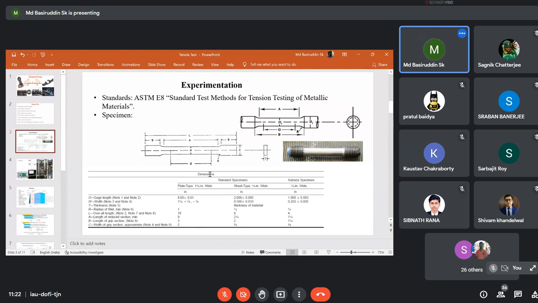So this line defect as well as the planar defect is basically known as the dislocation. Edge dislocation and screw dislocation. So these defects will generally be there. These are basically the microscopic defects.